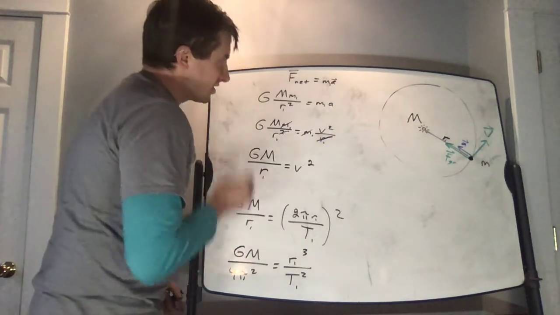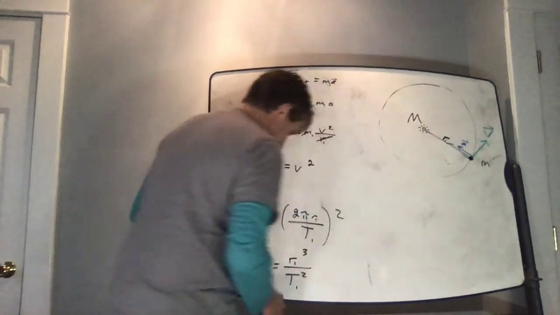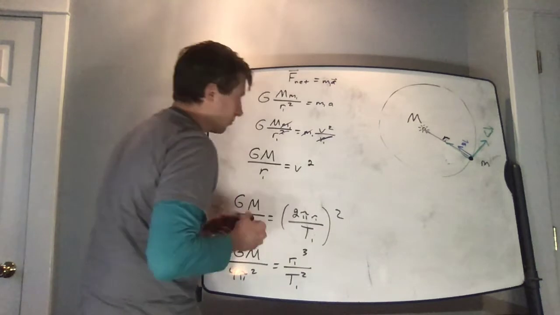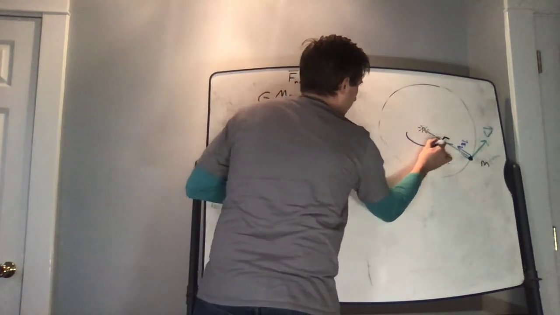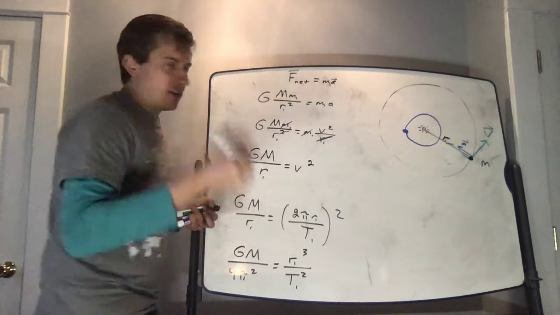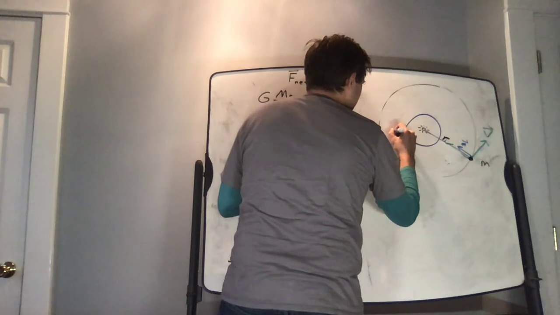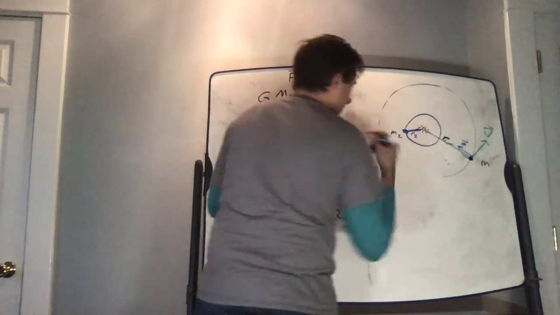If I consider a different planet now, let's consider planet number 2. So if planet number 2 is orbiting the star much closer, well, we could say planet number 2 will have a mass m2. It will be a distance r2 away from its star.